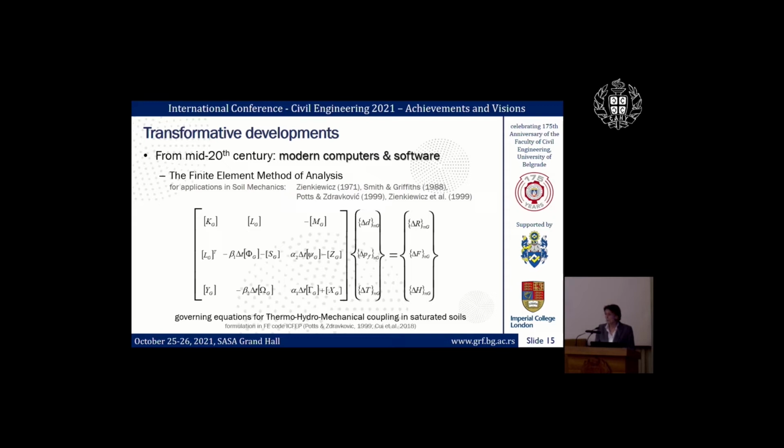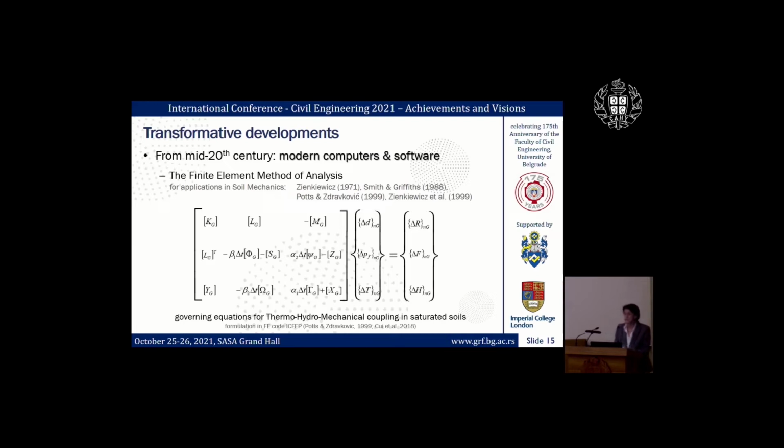So development of modern computers and appropriate software has really enabled us to make huge leaps forward. And the finite element method of analysis has been one that is widely used in all branches of engineering, being developed in the 60s for linear elastic materials in the first instance.